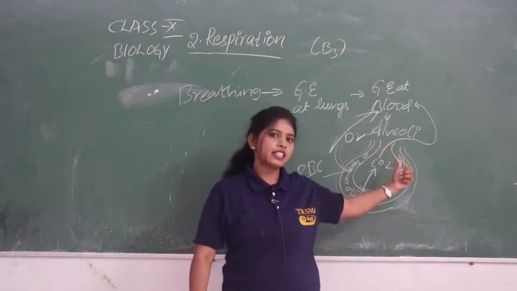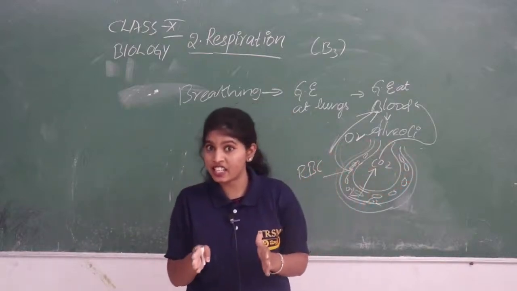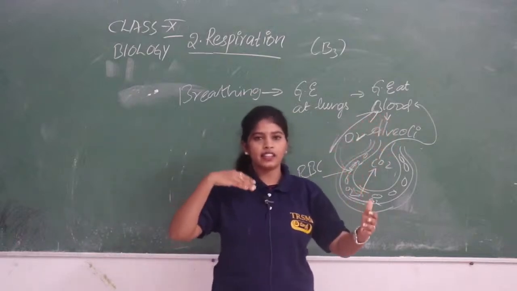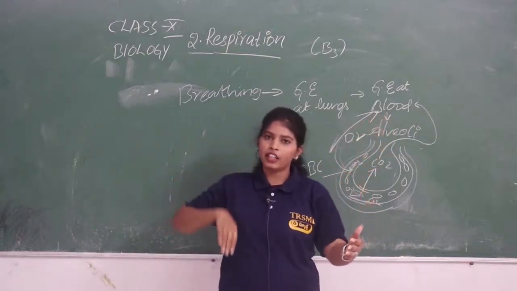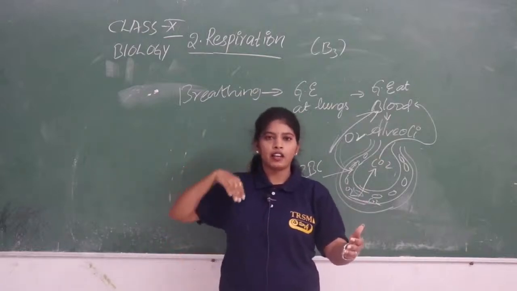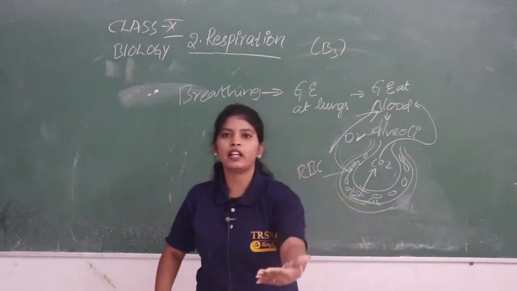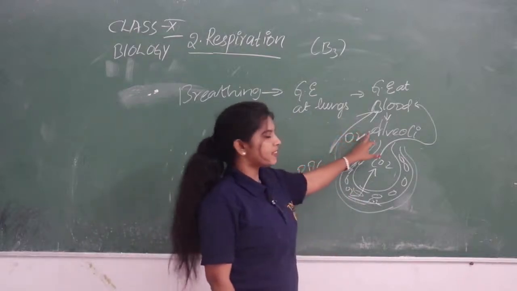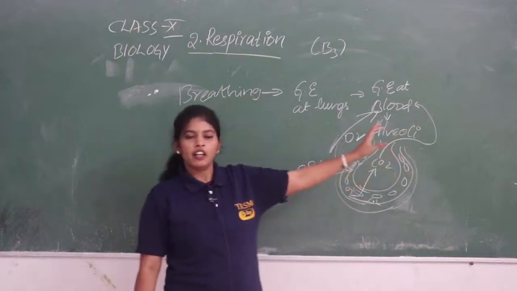What sort of exchange is happening here? The exchange happening here is of gases. Oxygen is taken by our cells, and CO2 is expelled by our body. That's why we call it gas exchange at the blood.